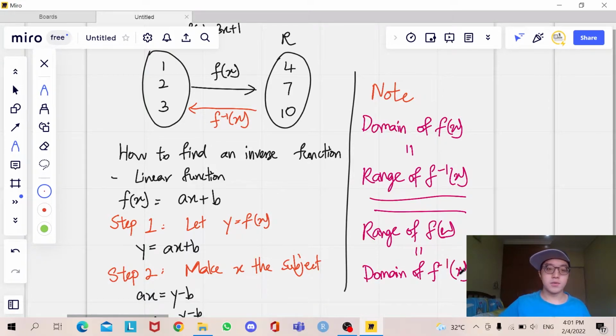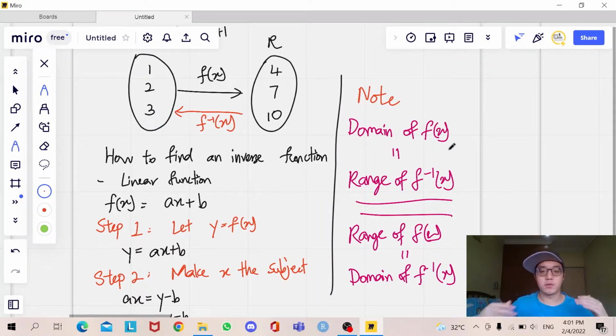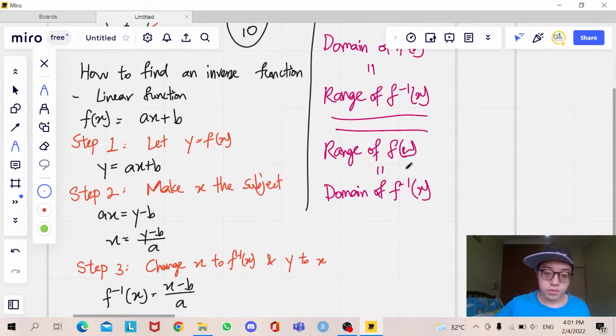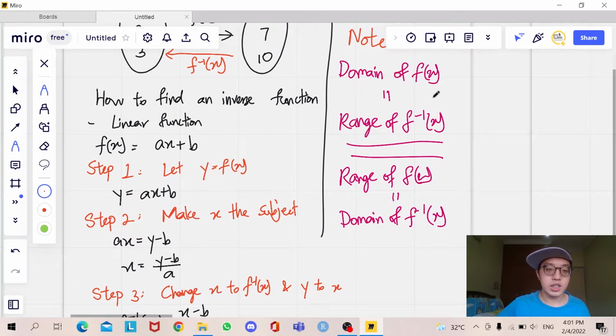Because domain is the input and the range is the output. From the input, we go through the function f(x), we get the output. So the input for the inverse f(x) is actually the range of f(x). This is one thing that you need to remember. So this is how you find an inverse for a linear function.